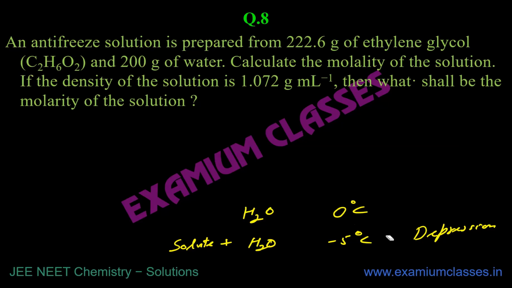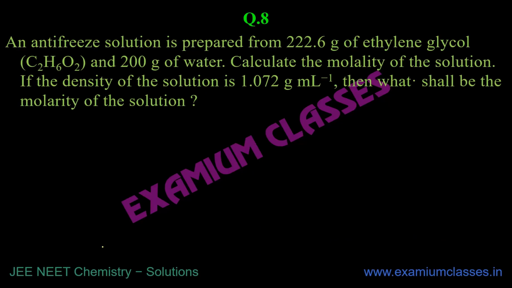So these types of solutions are known as antifreeze solutions, meaning they delay or avoid the freezing of the solution. This is basically the application of depression in freezing point if we add a solute in a solvent. So the question is related to the questions you have already done.